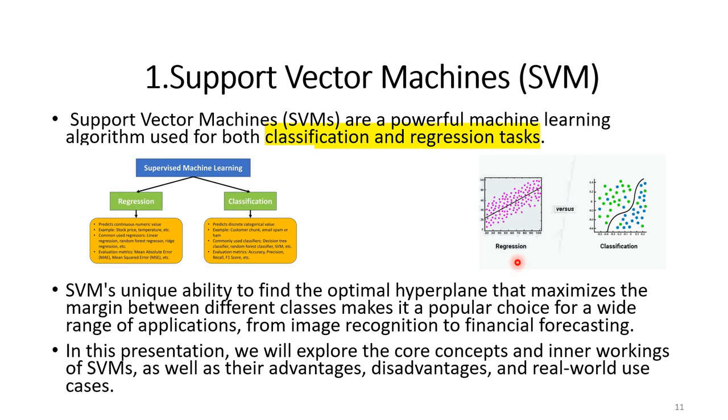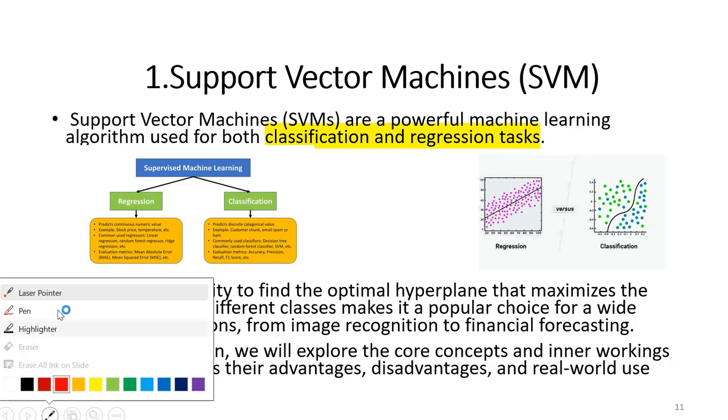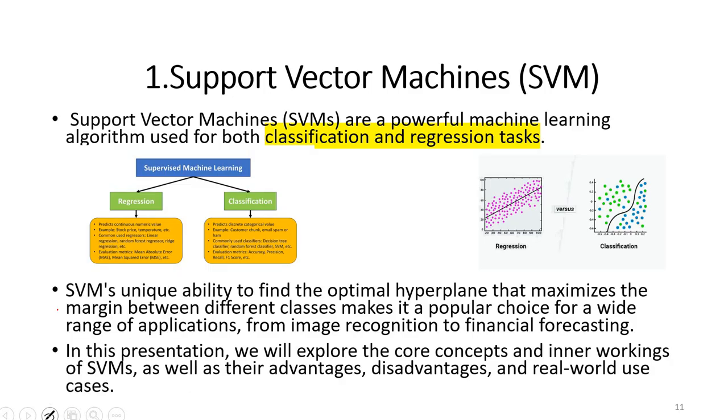In today's video, we are going to talk about one of the most powerful and widely used machine learning algorithms, the support vector machine. In the slide we can see that SVM is basically used for both classification and regression tasks.